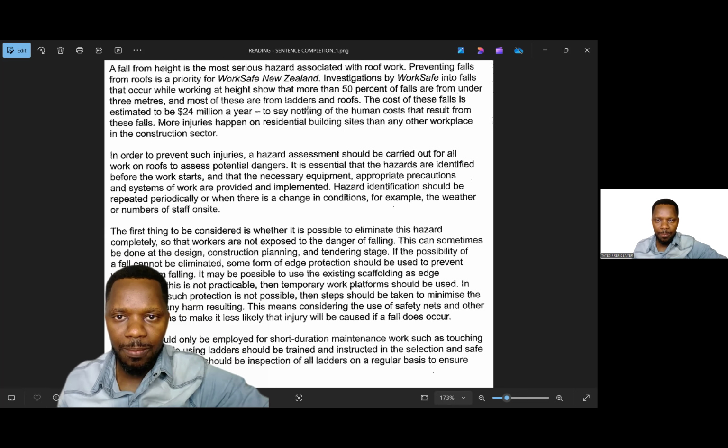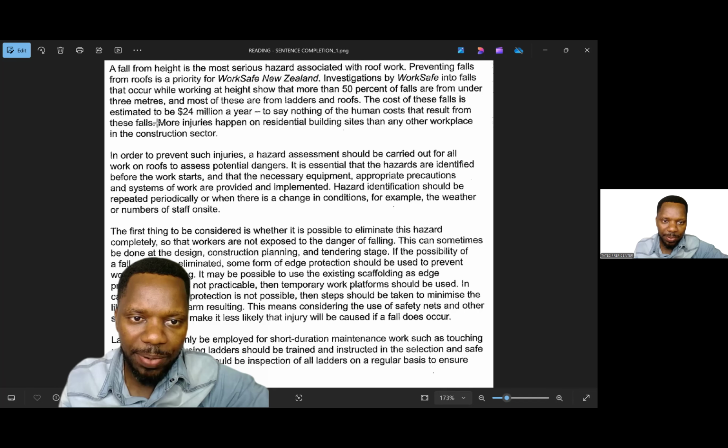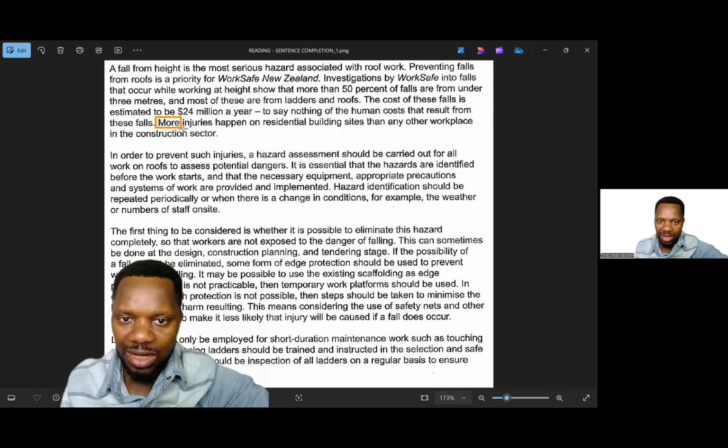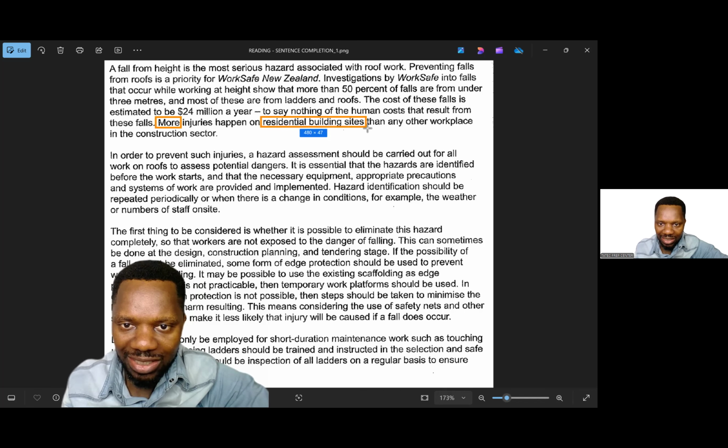What does this mean? This simply means the majority has been paraphrased to this part right here. So this is where your answer lies. This is where the word majority was paraphrased. And it's happened on residential building sites.